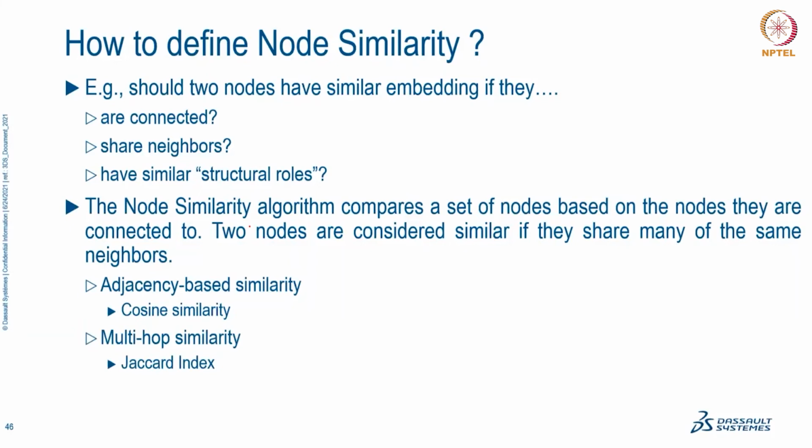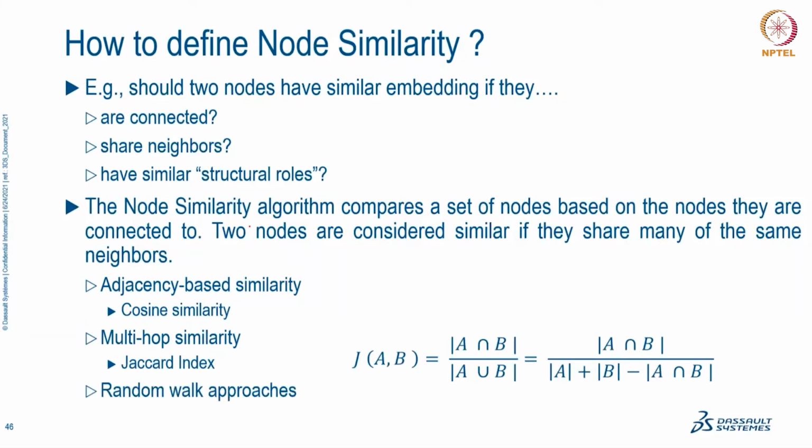There is multi-hop similarity, like how similar it is compared to its neighbor's neighbor. In that you can define to what depth you want to go, just one neighbor or two neighbors, something like that.